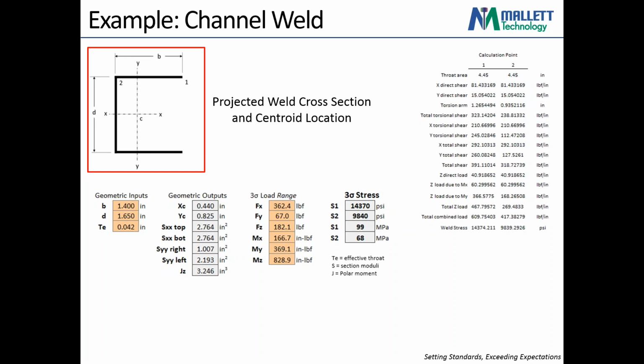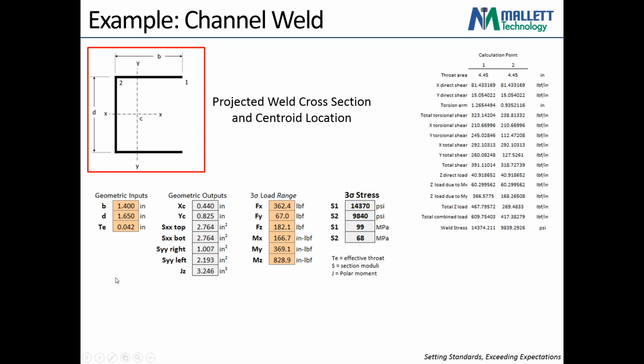Whenever I'm looking at a weld, inherently I know, because I developed the model and I extracted the forces and moments at a specific location, what type of weld I'm looking at, and I know the shape of the weld cross-section. So for this example, I'll be looking at a channel weld, right? So I have my channel weld. When I did my moment and force extraction, I set up my coordinate system at the centroid, oriented the same as shown here.